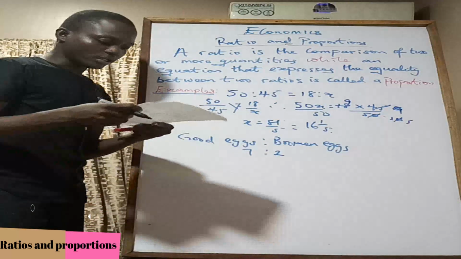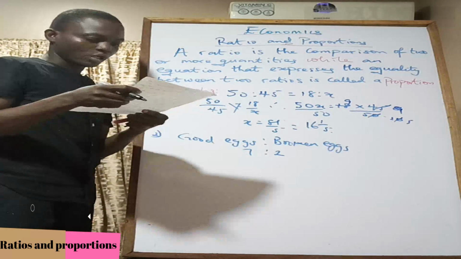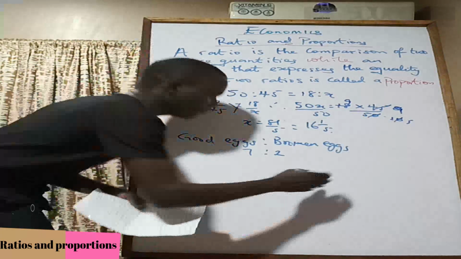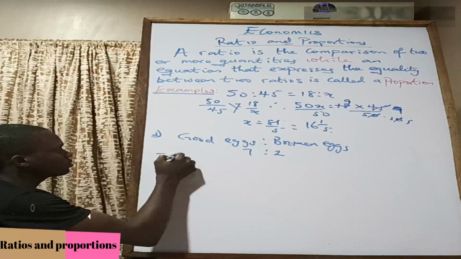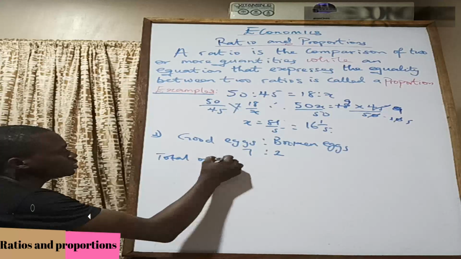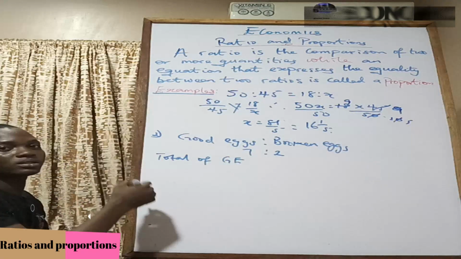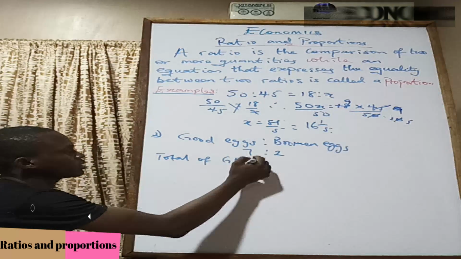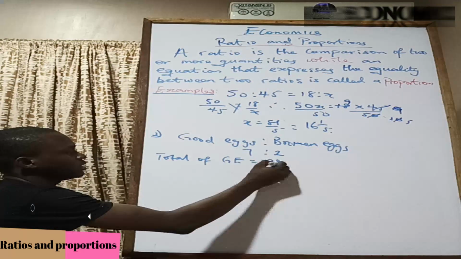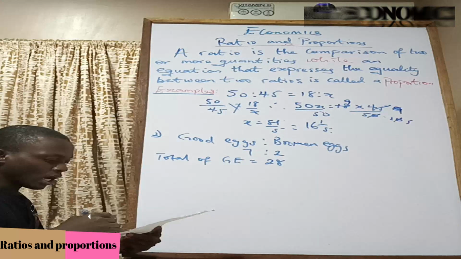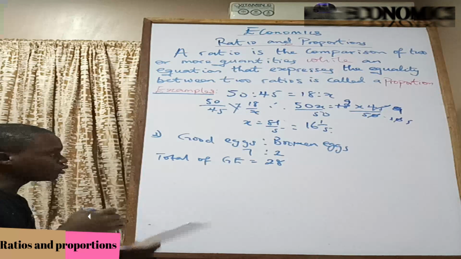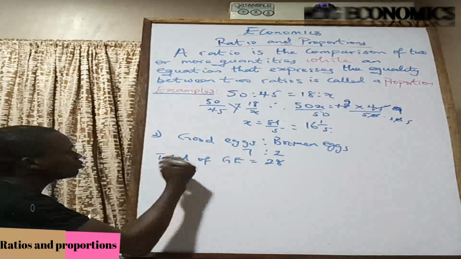It then says that if the total of good eggs is 28 (please don't abbreviate like this in an exam), how many eggs are there altogether? So it says total number of eggs.